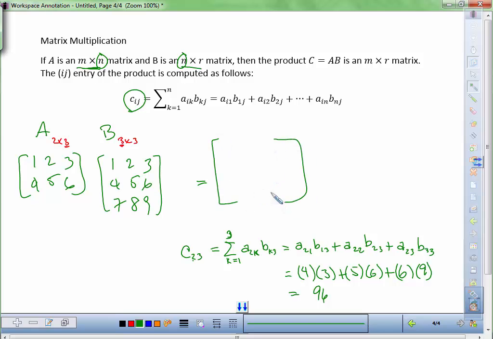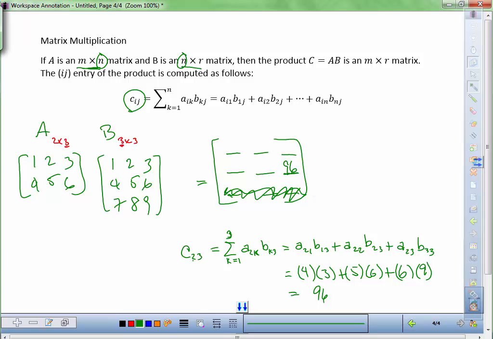So whatever matrix my C is going to be, my second row and third column is going to be 96. What's the size of this matrix going to be? 2 by 3?